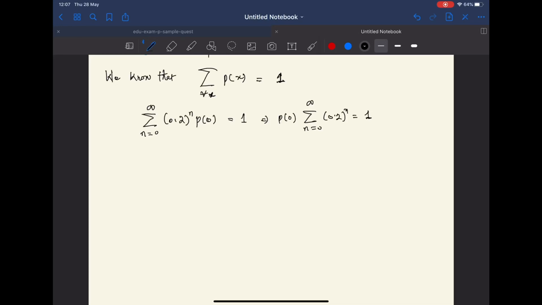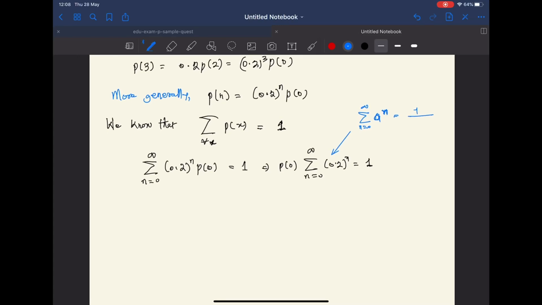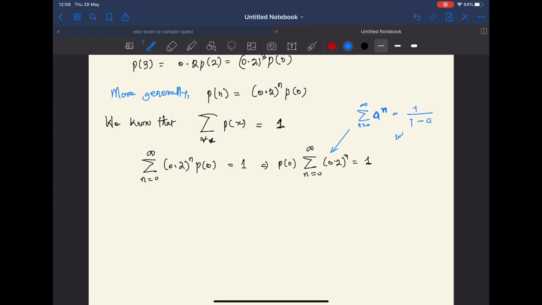Now, with this, we know we can have this sum here, for any value a, the sum of a to the power n is 1 over 1 minus a when a is between 0 and 1.